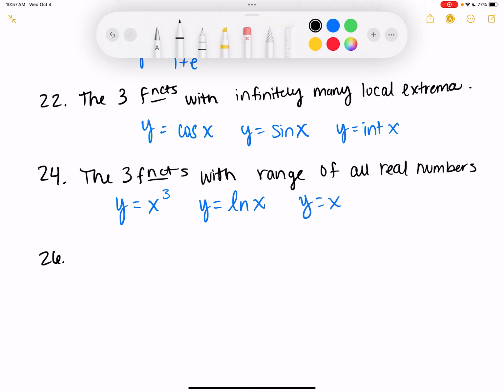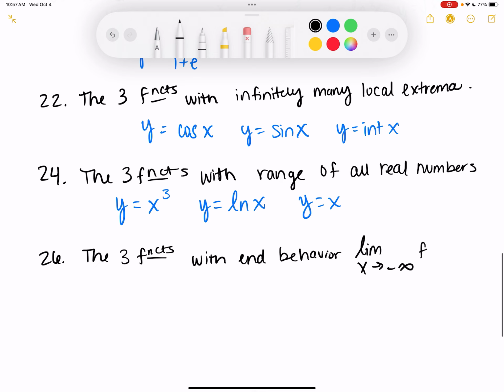All right, 26. We have two more of these. The three functions with end behavior: the limit as x approaches negative infinity of f of x is equal to negative infinity. Now, we may have briefly seen this in Algebra 2 when we did end behavior.